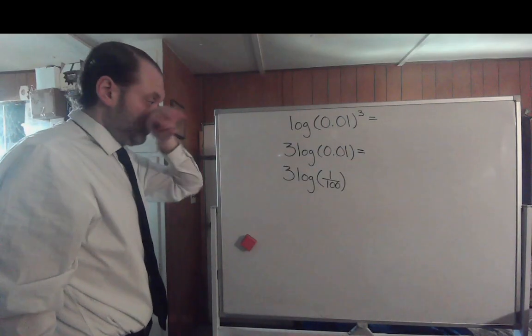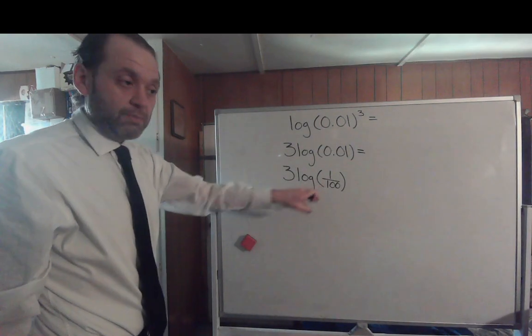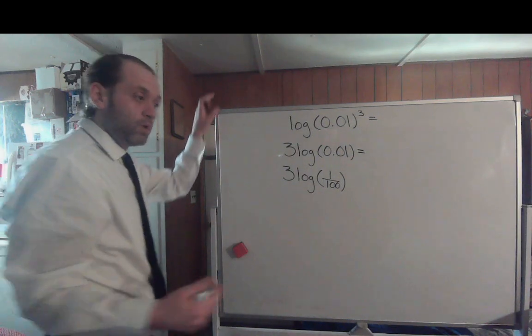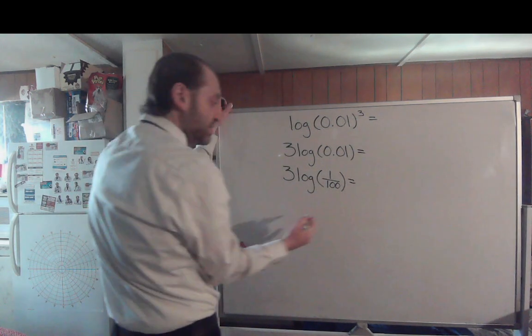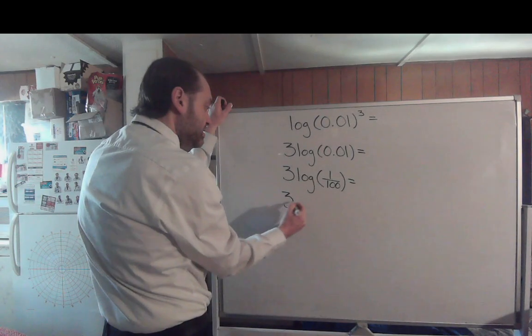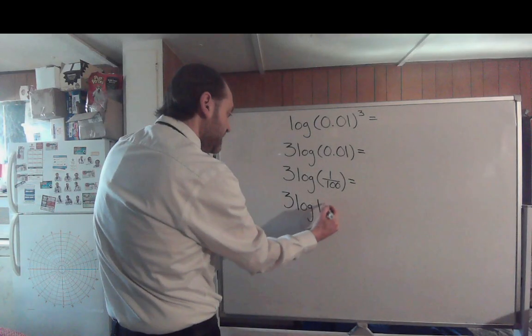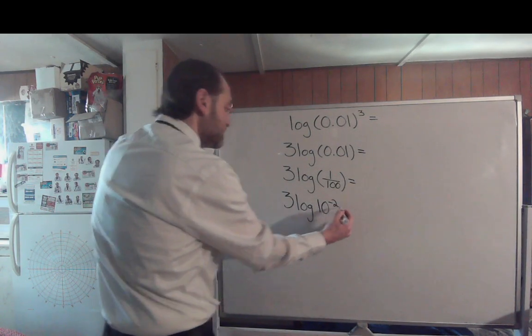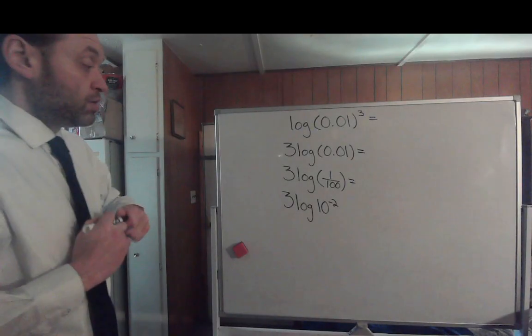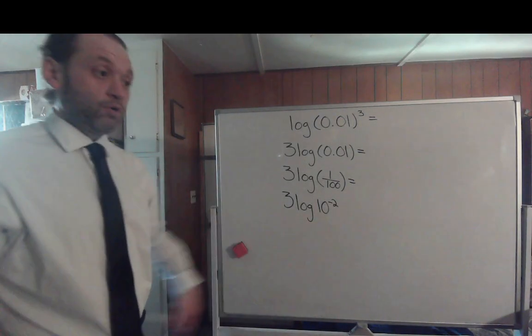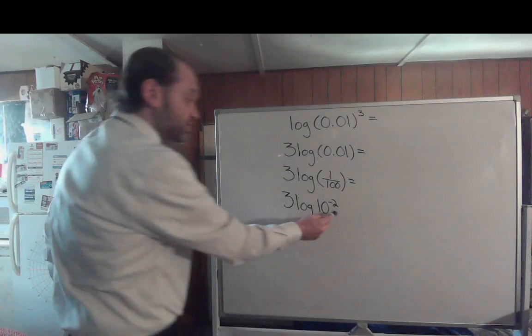Well, notice something. Log, of course, means the common logarithm with base 10. 1/100th is the same as 10 to the negative second, right? So this would be 3 log of 10 to the negative second. Which means this is another power property, so you can bring that -2 down front.